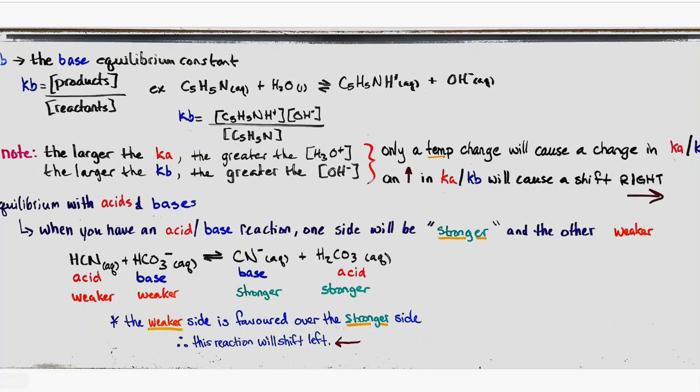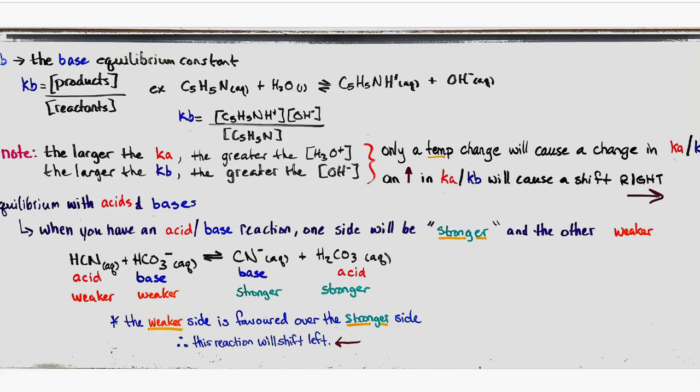Now, when you have an acid and a base reaction, when you're mixing the two of them together, one side will be stronger and the other side will be weaker. Okay, so if we look here, we have hydrocyanic acid and a bicarbonate ion, and it's going to form cyanide ion and carbonic acid.